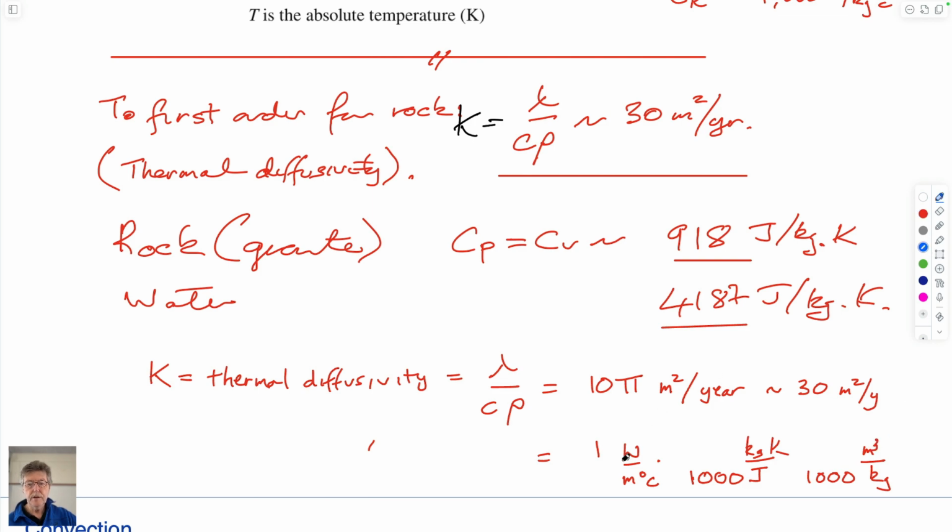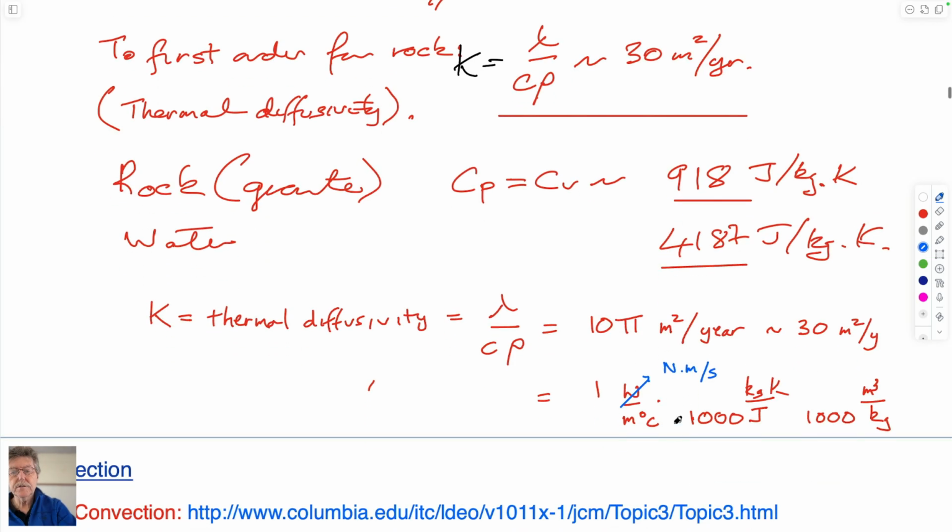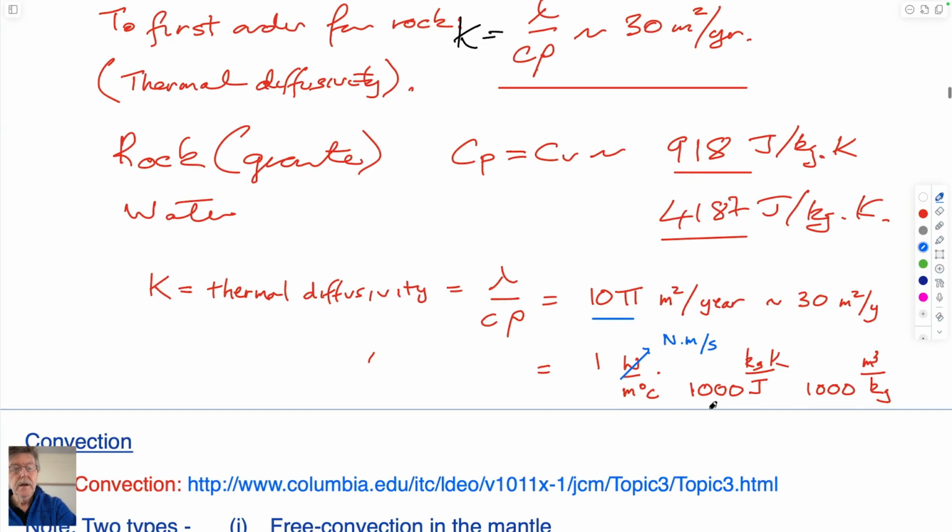We know that a watt is a joule per second. And so if you did the math for that, I won't do it now, but hopefully it would work out to be something of the order of this. So a good number to remember, useful.